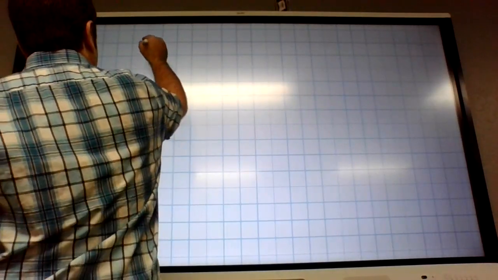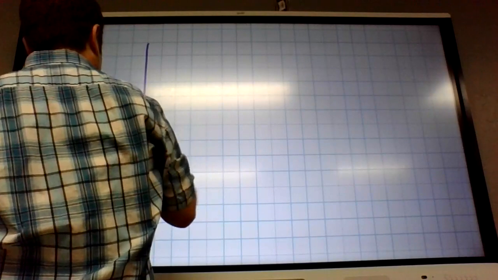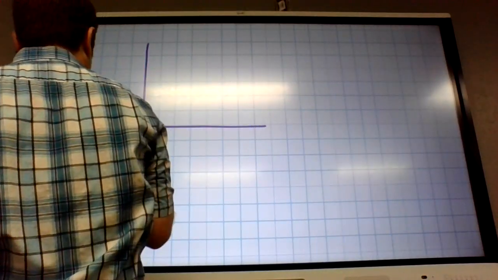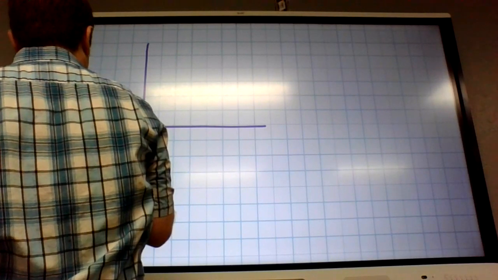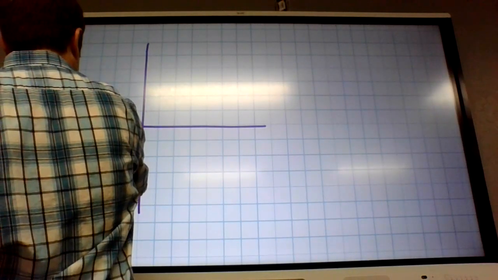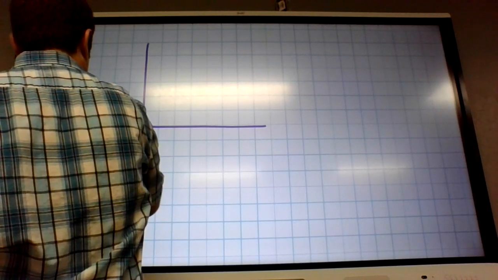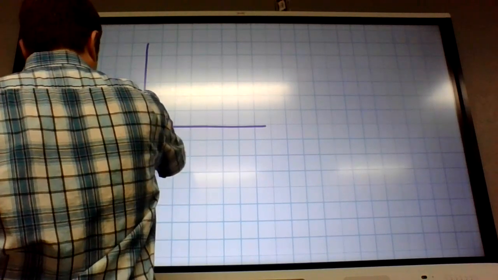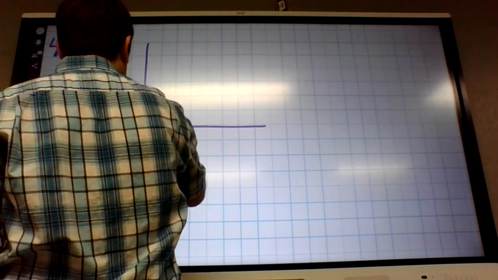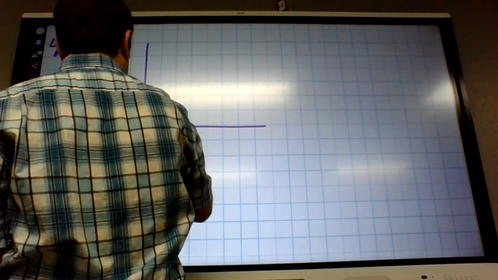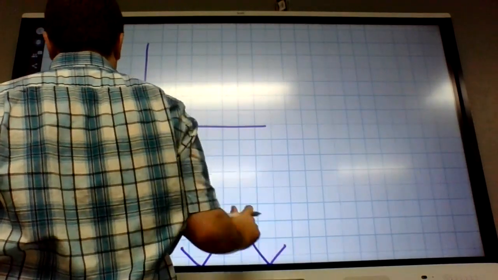Okay, we kind of need a graph. We need a graph to look at. Periodic. Let's do mountains and valleys or something. That's kind of weird.